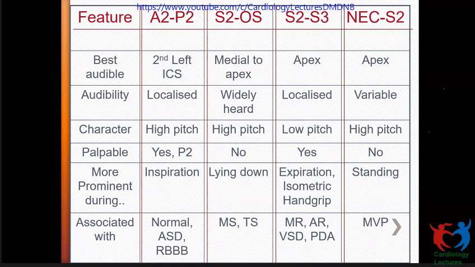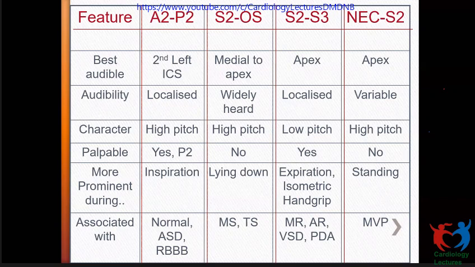It's high pitch, heard lying down, and widely heard. Typically, you don't get confused with A2, P2 because it is lower. S2 and S3, yes, because S3 is low pitch. That means if you use the bell or diaphragm, either is fine. But if you press it, it's going to disappear, and there are maneuvers which can change it.